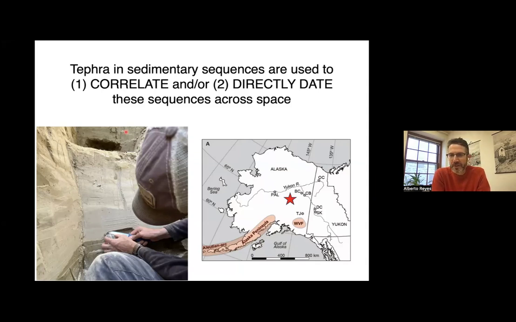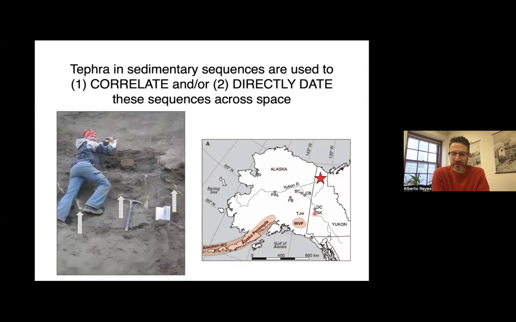So a particular tephra could be dated at multiple sites here across eastern Beringia, and that would give us, even if we don't know the date, a kind of a moment in time in those sedimentary sequences, as long as we can convince ourselves that the tephra are the same.